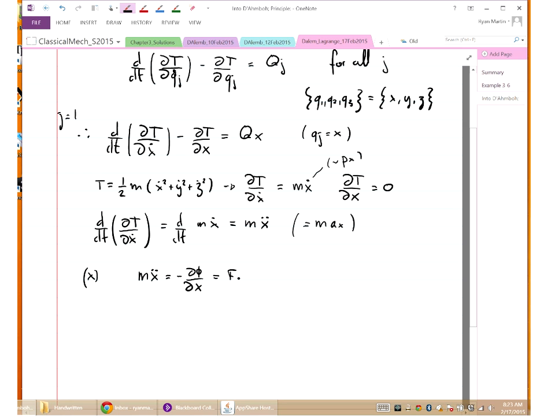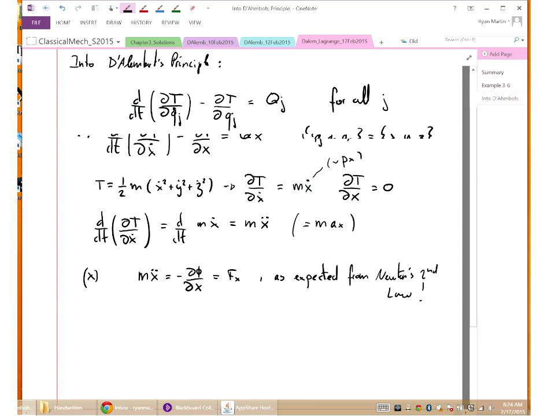But this minus ∂φ/∂x is the x component of whatever force there is. And so I would say that's expected, right? Because that's what you would expect from Newton's second law. In fact, it is Newton's second law. It's saying that mẍ equals F_x.